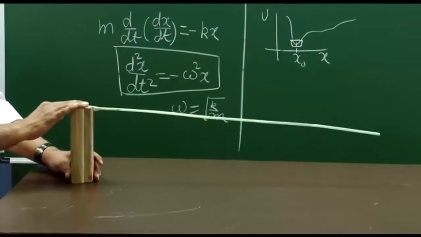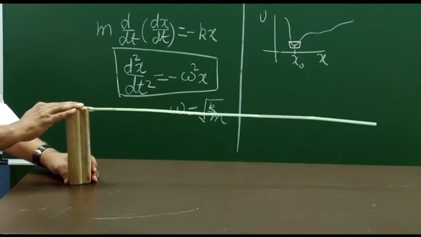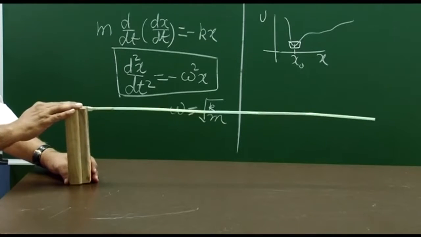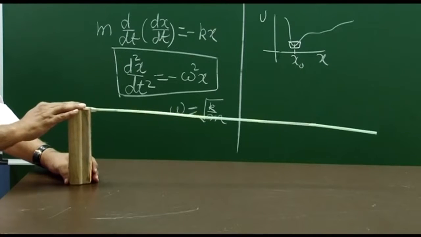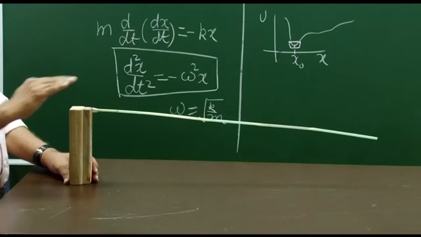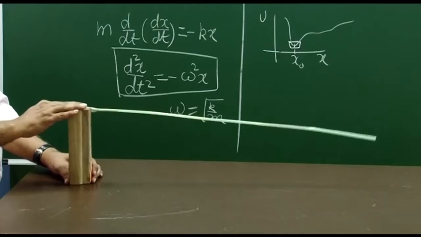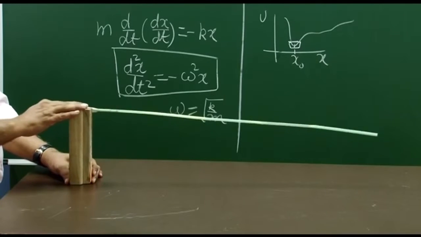Look at my fingers and look at the straw. I am going up, going down, going up, going down at a very low frequency, and this straw is also going up and down. Let me do this motion at a very large frequency. Look at my hand, I am shaking my hand with a much greater frequency, and there are some oscillations you can see there.